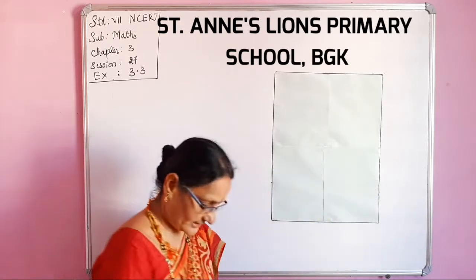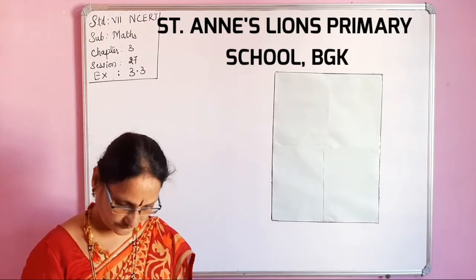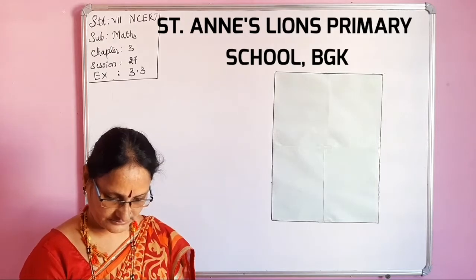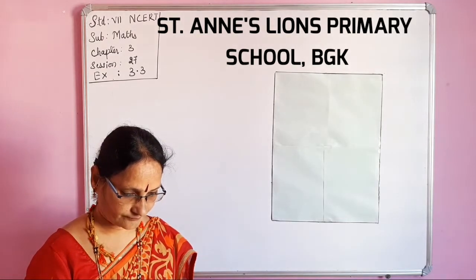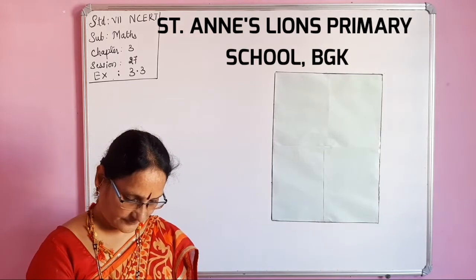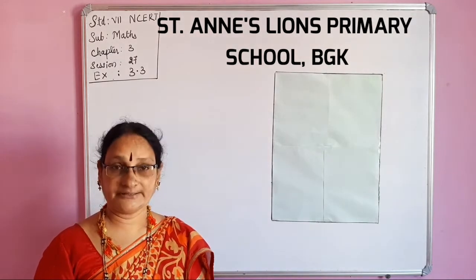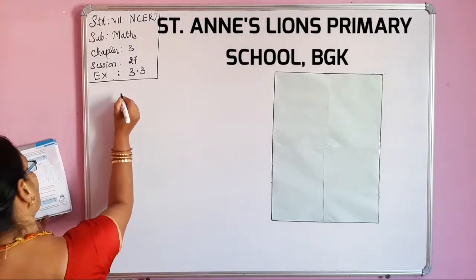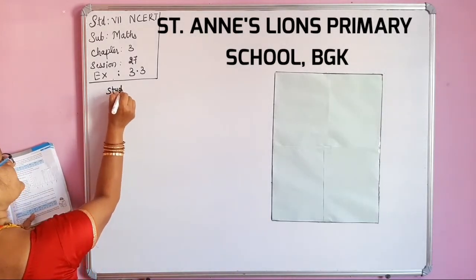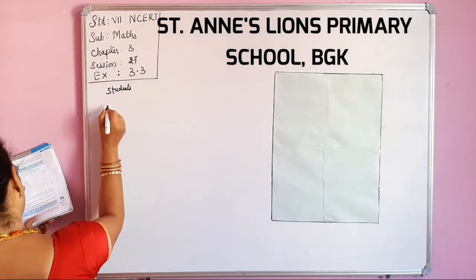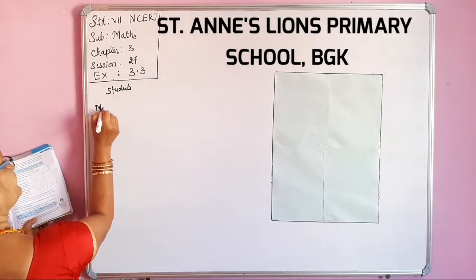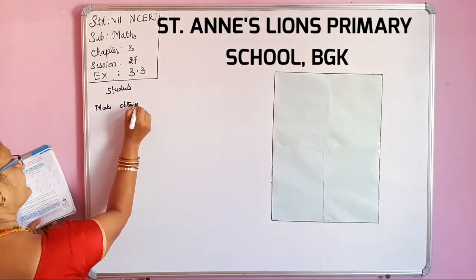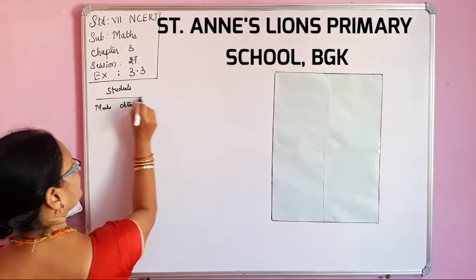See, one example I am doing. Example 9 in your book, you can see that. One table is given: students and marks obtained.